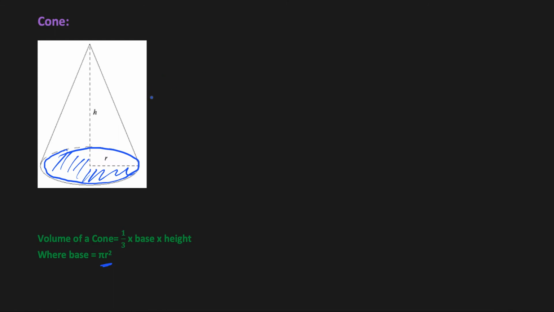So let's say the height of the cone is 6 feet, and let's say the radius or r is 4 feet. Our volume for a cone would be 1/3 pi times r squared, which is the base, times height.